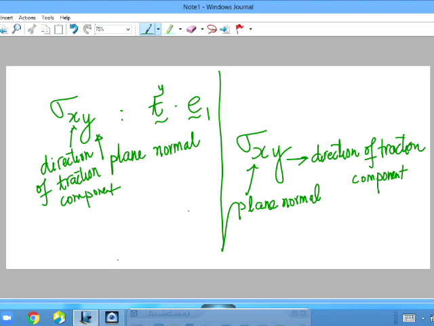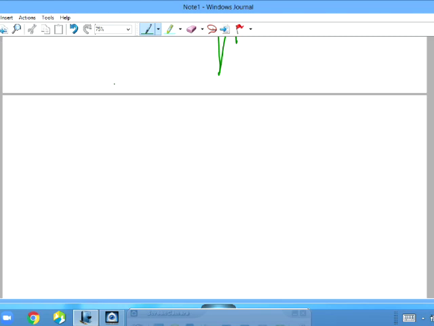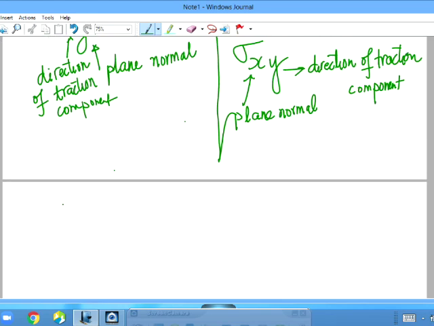Then the second thing is we have done this using tensors. You can recall, for example, that the stress tensor sigma, we wrote it as traction Ti tensor product Ei, and it was a summation for i equal to 1 to 3.